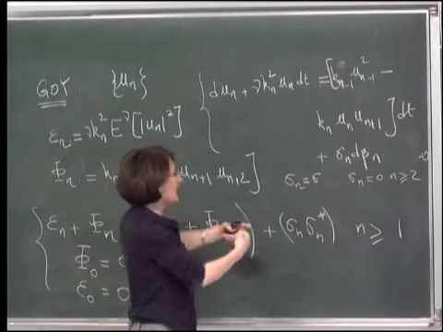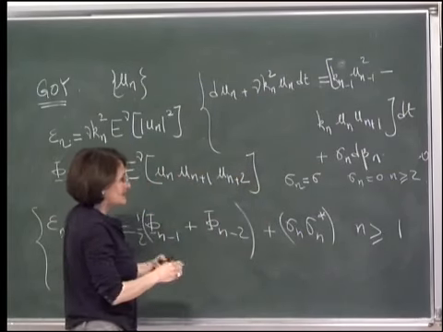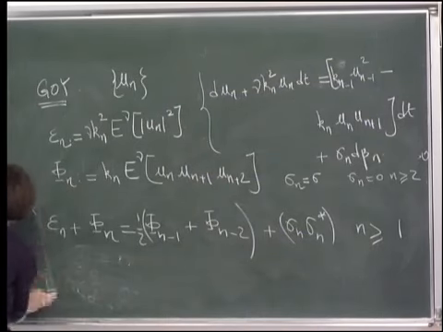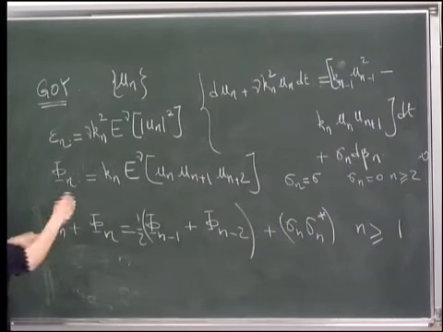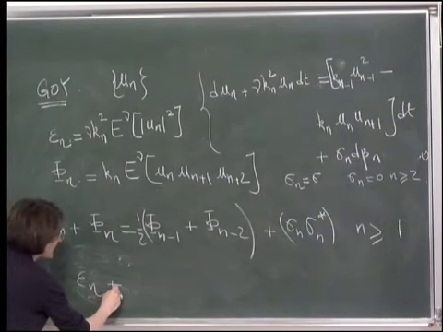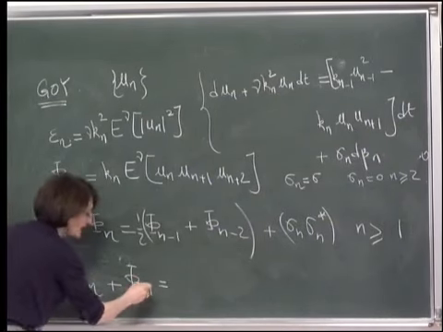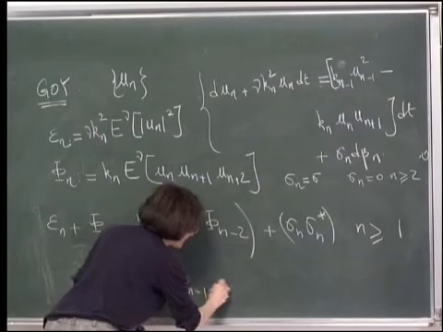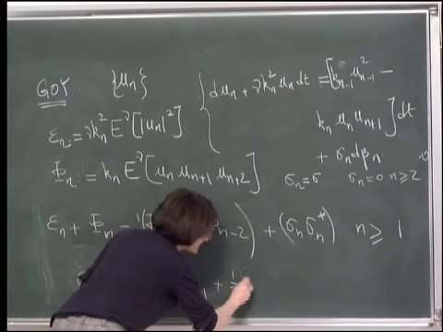We can have similar properties, but I can write you the difference here. You see, my balance law here will be completely different. I will have epsilon_n plus phi_n equal to phi_{n-1}, with phi_n a little bit different, and I will have 1/2 sigma_n squared.